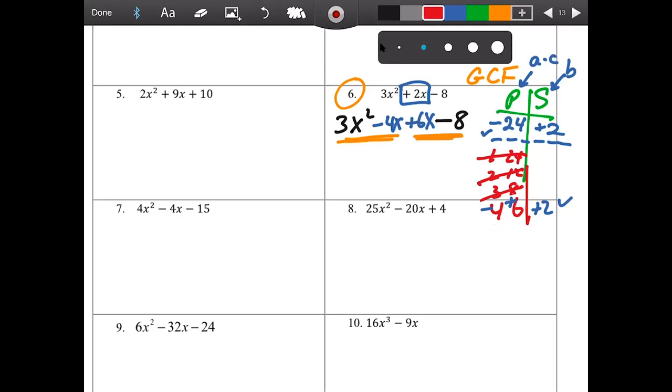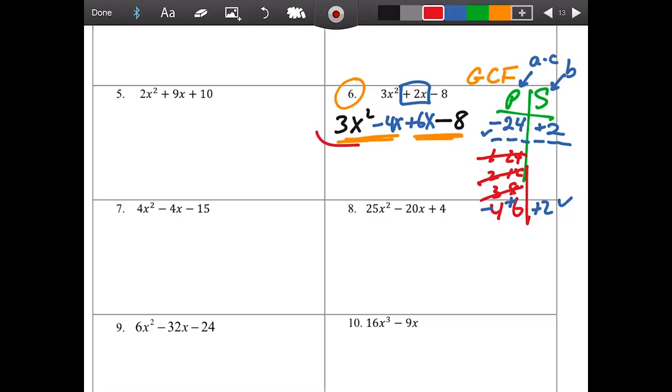Somebody want to walk me through the next step? What do I do with my first group? You would find a GCF for that and then divide it out to get your first group.